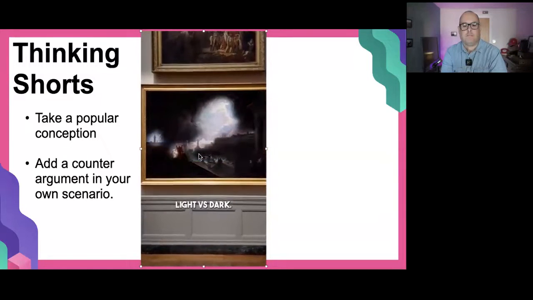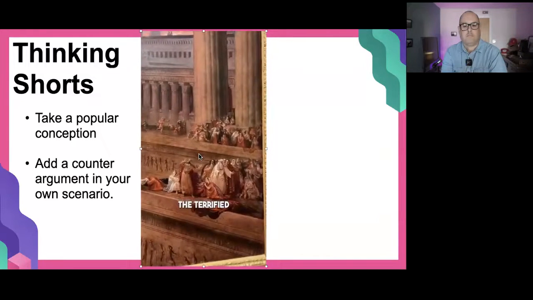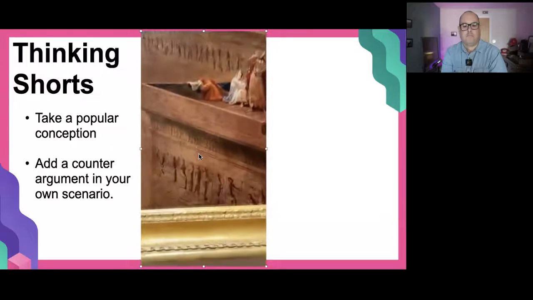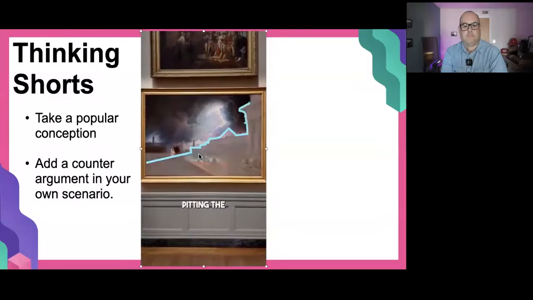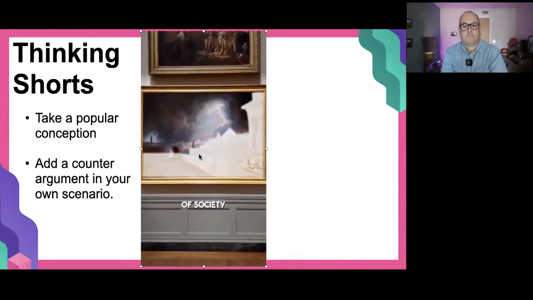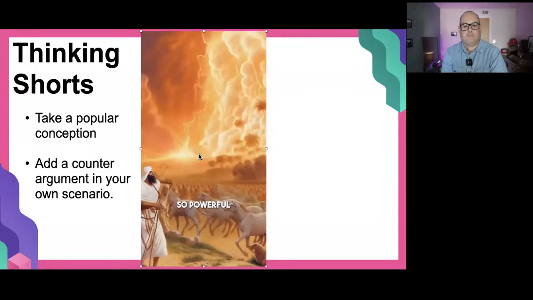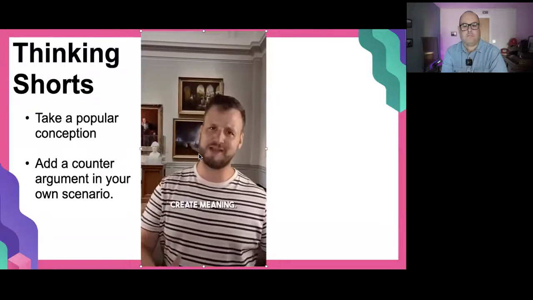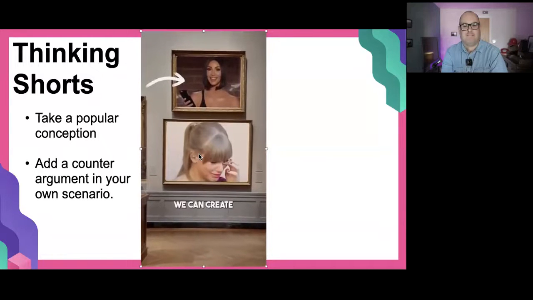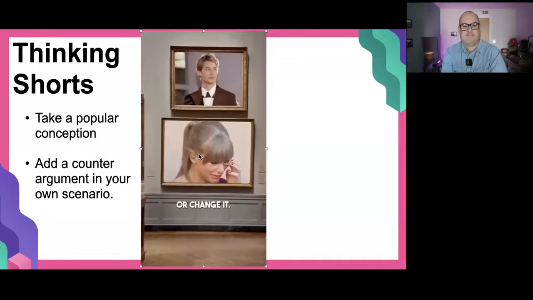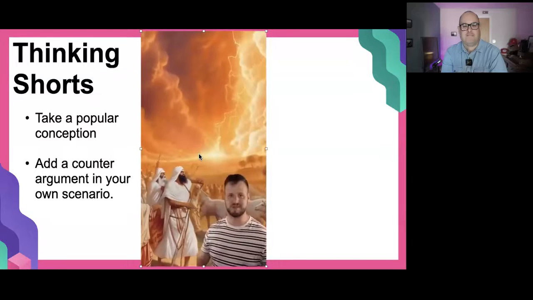Light versus dark, the God of Moses versus the God of Egypt, the terrified citizens versus their dead ancestors. The biggest contrast divides the whole composition in half diagonally, pitting the stability and engineering of society versus that swirling chaos of the heavens. I think the reason why contrast is so powerful is because it's literally how we create meaning. Here we have just a sad woman, but if we contrast that with another symbol, we can create a meaning or change it, which is a big reason why this painting is full of so much energy, but this one, not so much.